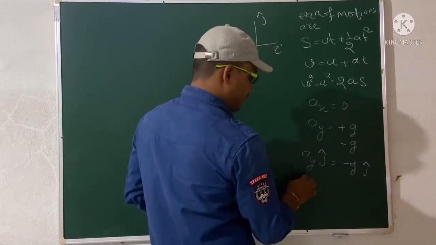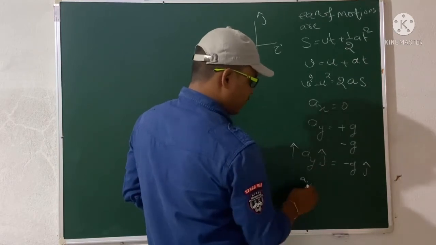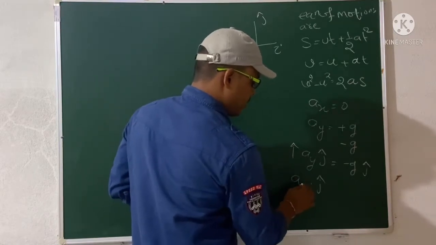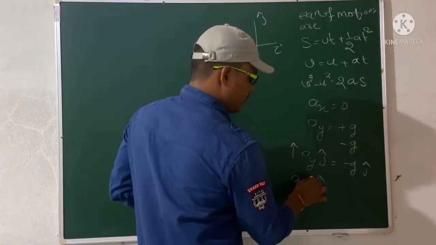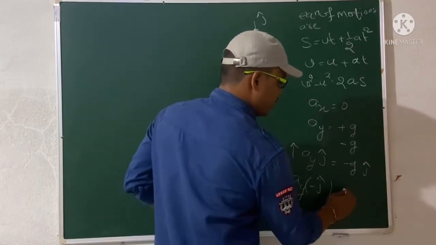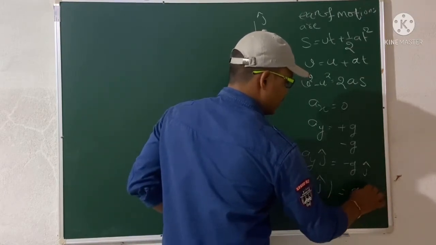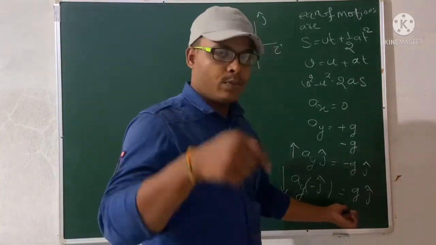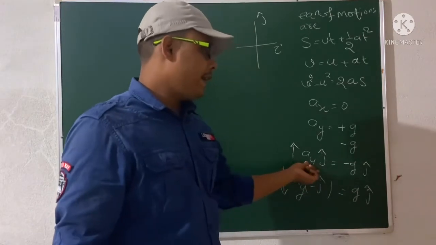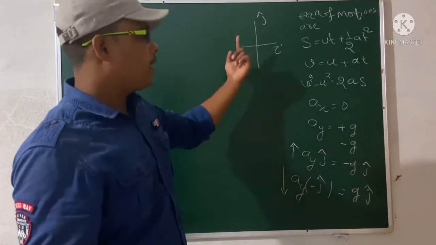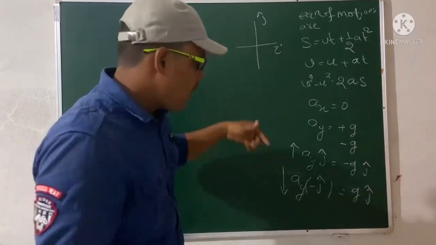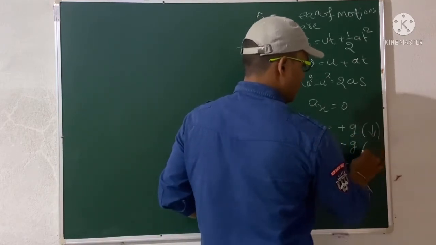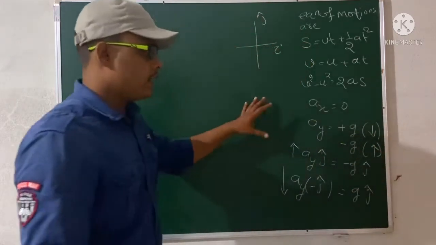If it is moving downward, ay is minus j cap, then this will be g j cap. So the magnitude will be positive if it is moving downward, and negative if it is moving upward. So upward direction your acceleration will be negative, and downward direction your acceleration will be positive. So remember, these are the special things.